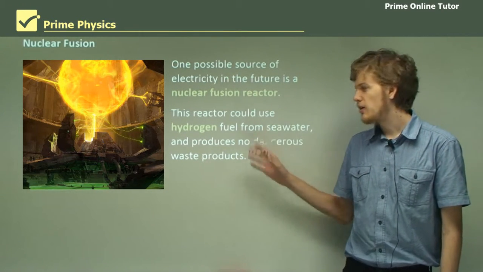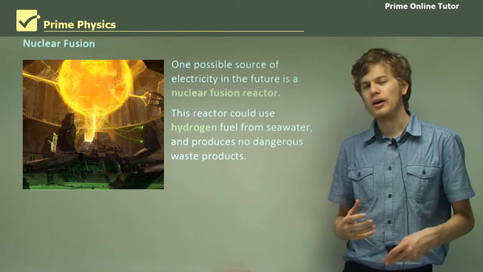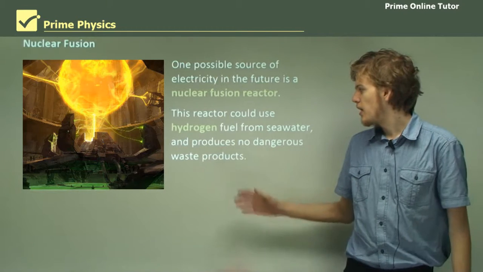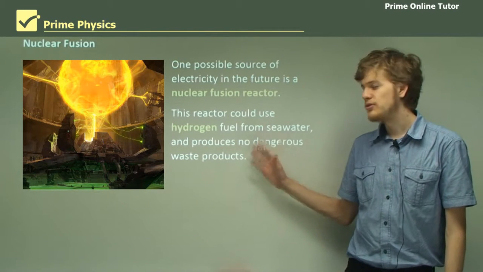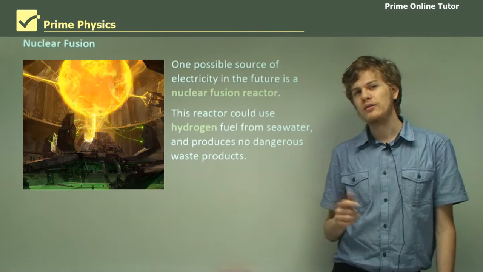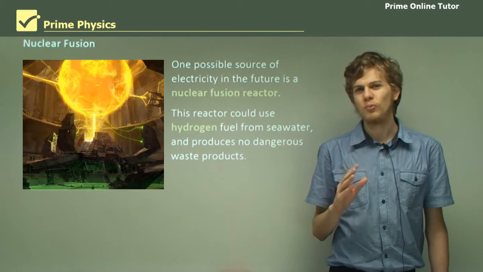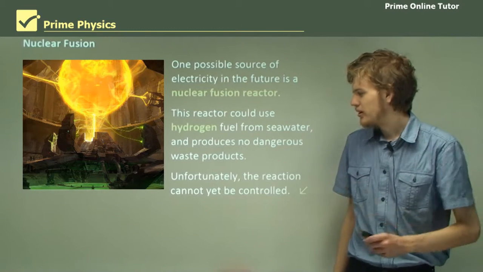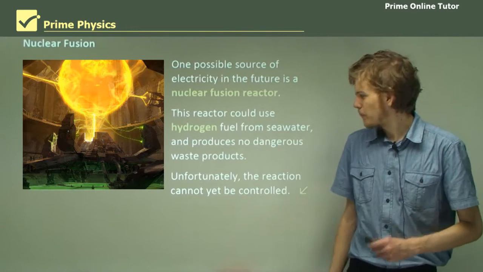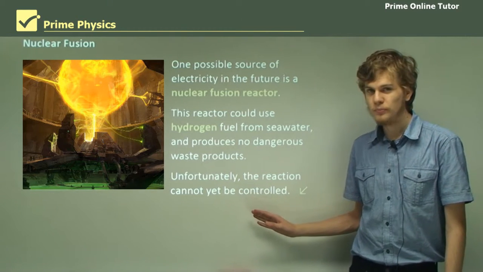We can extract hydrogen from seawater with a fairly simple chemical process. And the thing about fusion reactors is that they don't produce radioactive waste in the same way that uranium reactors do. There is, however, one small problem we haven't invented yet. The reaction cannot yet be controlled.